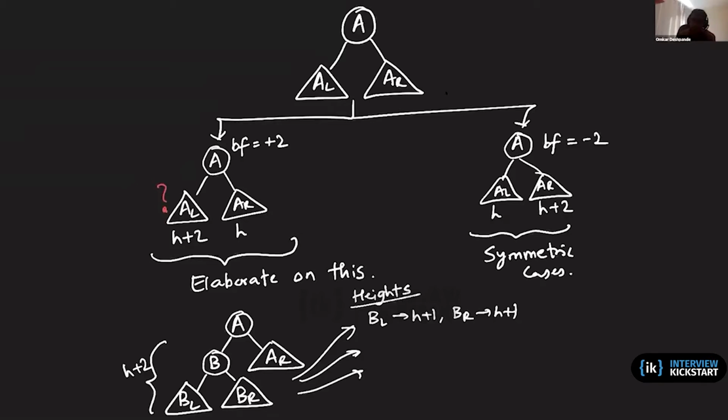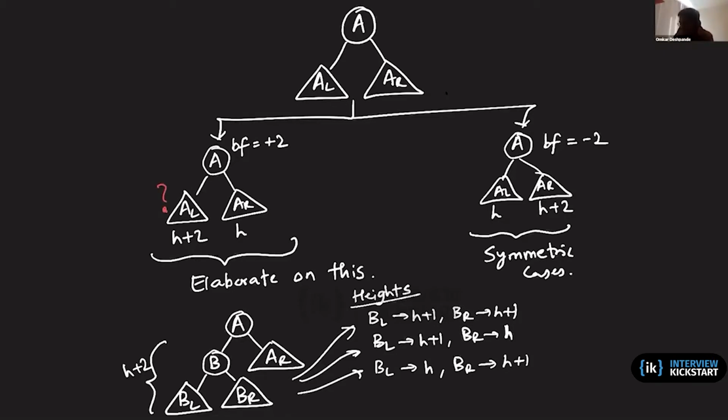Second possibility is that the height of B sub L is h+1 and the height of B sub R is h. And the third possibility is that the height of B sub L is h, the height of B sub R is h+1. And as you'll see, there'll be three different things that we'll need to do for each of these three cases.